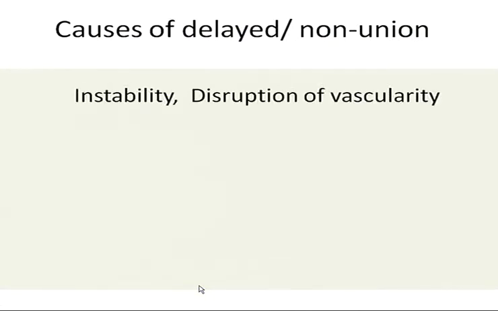Causes of delayed union: 2 major causes are instability, lack of enough fixation of a fracture, and disruption of vascularity as a result of trauma or previous surgery.